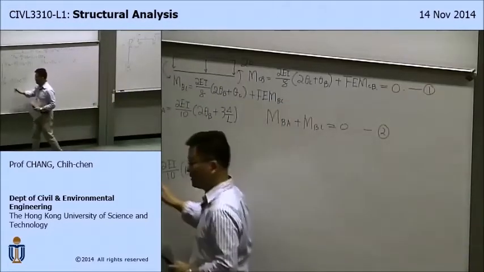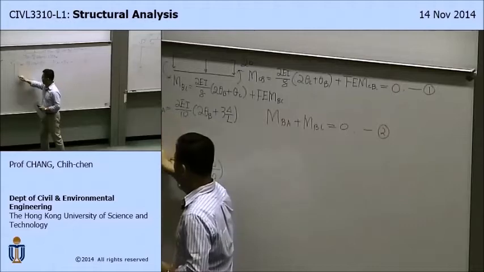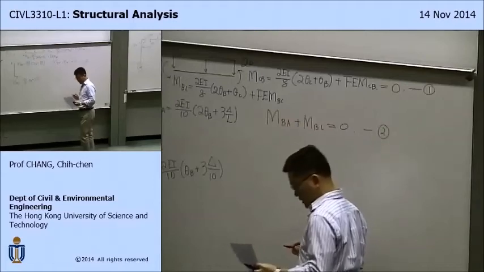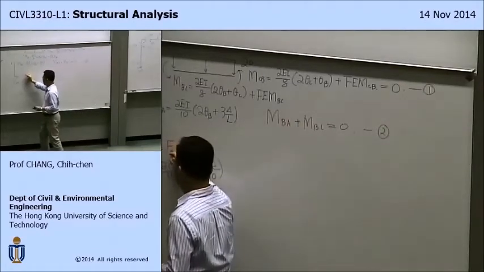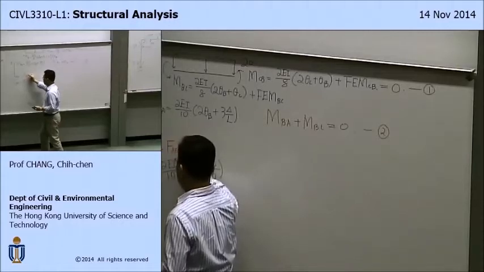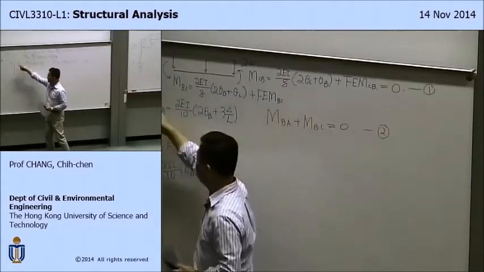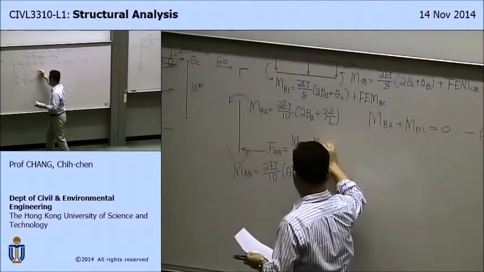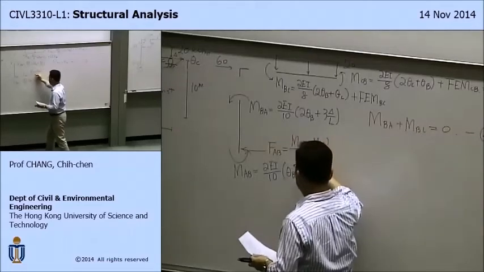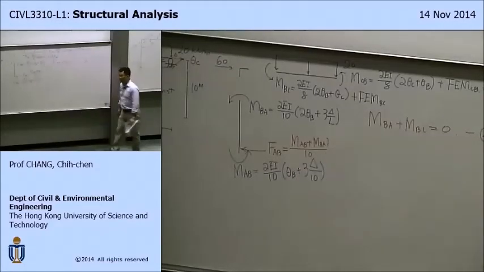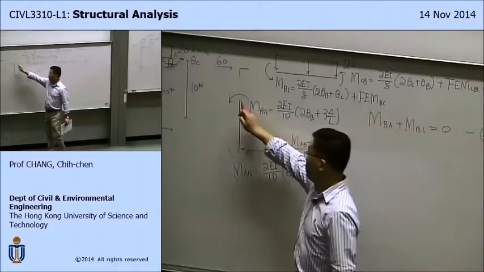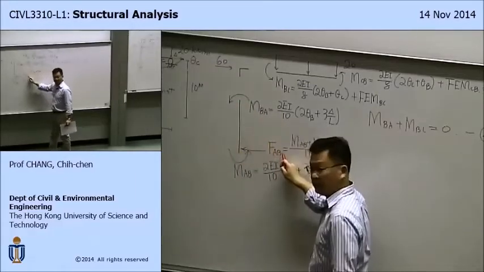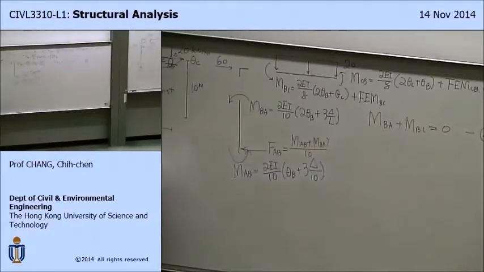What is global equilibrium? Let me show you. You can obtain the shear force. This shear force I call FAB. It's going to be based on component equilibrium: MAB plus MBA divided by the length. From local equilibrium, I come over here, take a moment equilibrium, and I can find out that force. That force is this force.